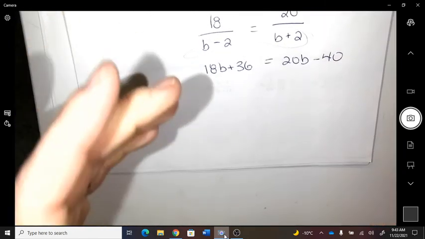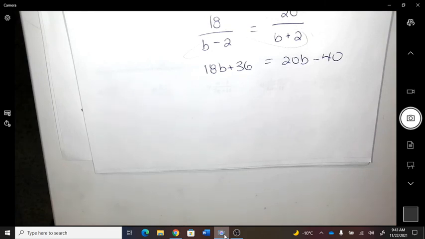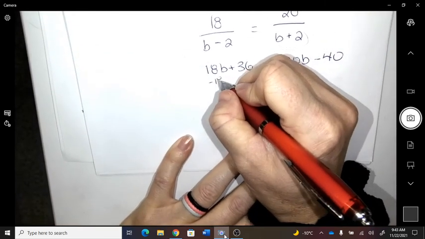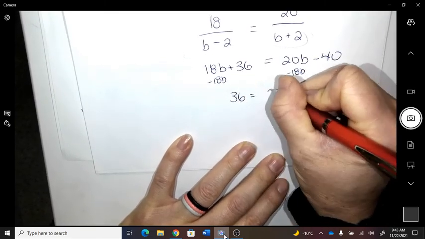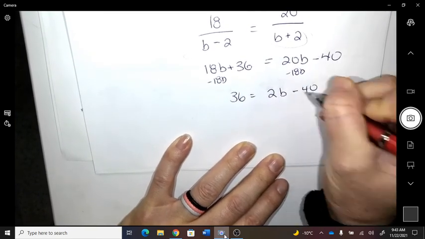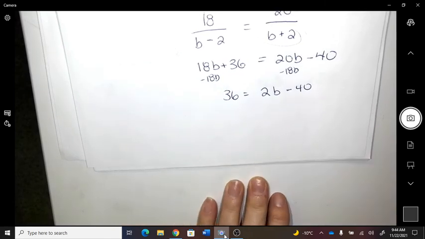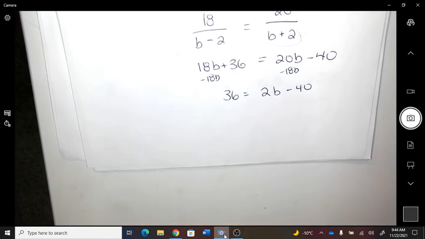Algebra branch, we say we have one variable, so we're isolating. So collect b's. So I'm going to subtract 18b. Okay, I got all the b's together.